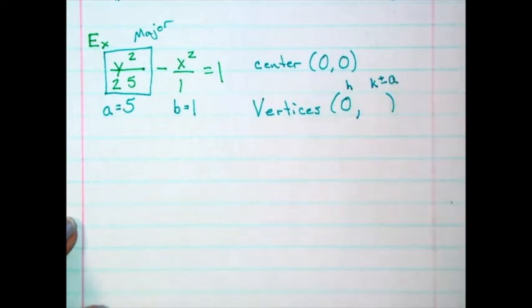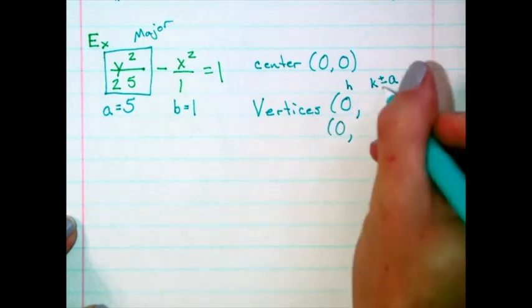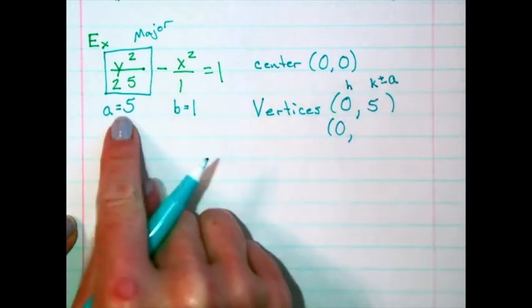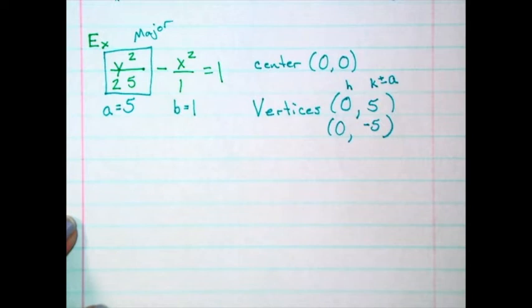And in this case, the k is 0. So we're going to have 0 plus 5 is 5, and 0 minus 5 is negative 5. So that's where our vertices are.